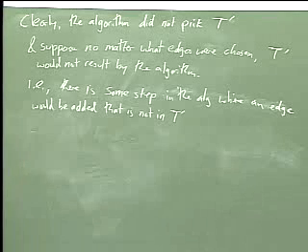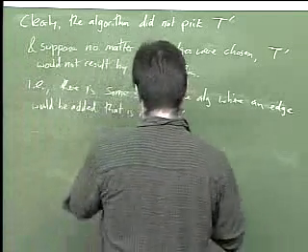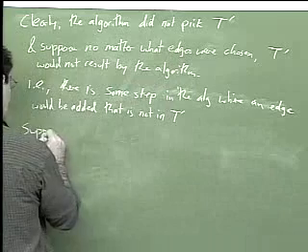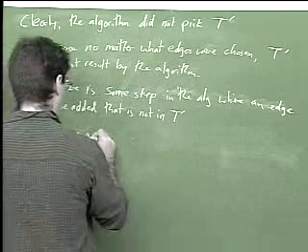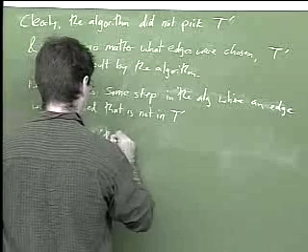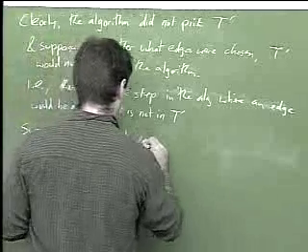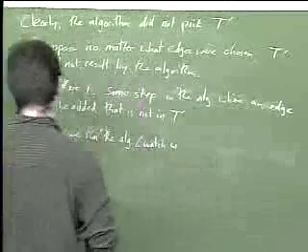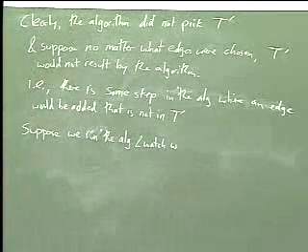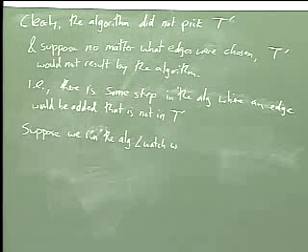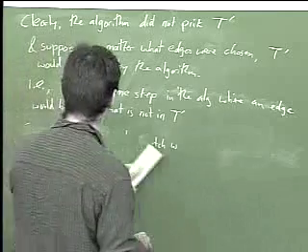So suppose we had all edges in common. We run the algorithm and watch. Here's what I'm getting at.